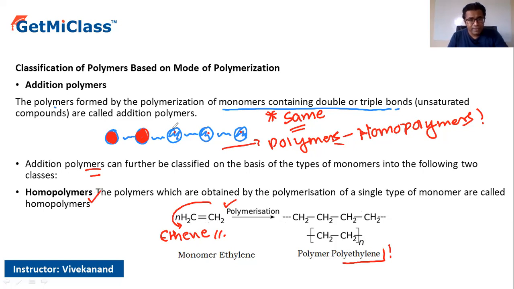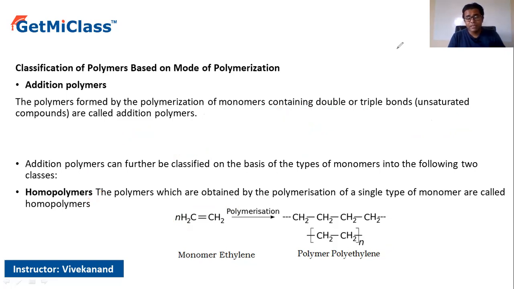In case we are going to polymerize, but in this particular case we have, let's say, one type of monomer here and another type of monomer there. When you try to combine two different types of monomeric units, that process becomes copolymerization.